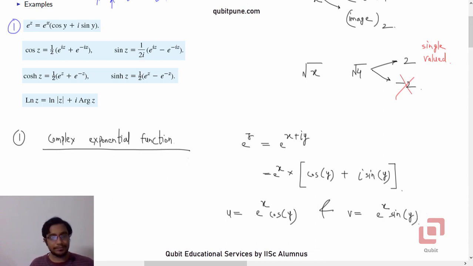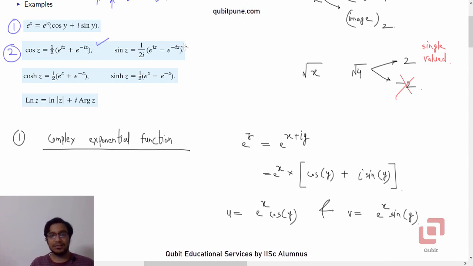Then we can define the trigonometric functions sin z and cos z, and here the input is not a real number, so we cannot really call z the angle here. So sin of z is 1 upon 2i times (e to the power iz minus e to the power minus iz), and cos of z is 1 upon 2 times (e to the power iz plus e to the power minus iz).